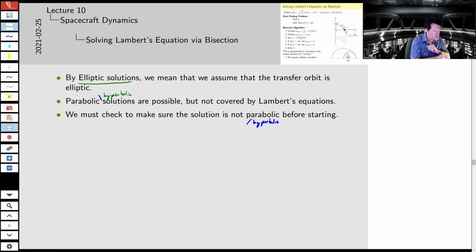So obviously the first step if you're applying this is to make sure that there exists an elliptic transfer before you begin. So that's going to correspond to your minimum value of delta t.